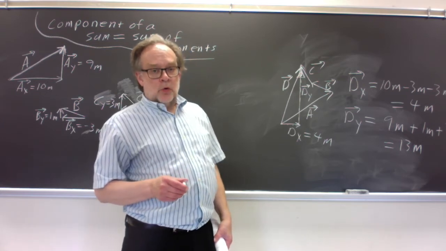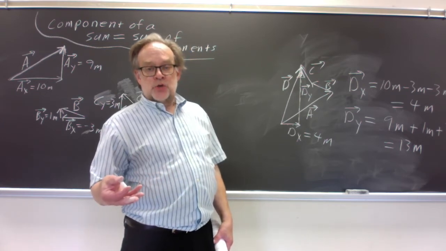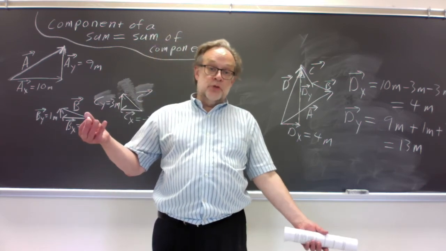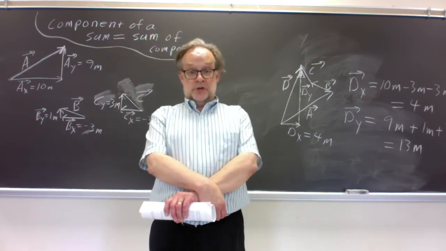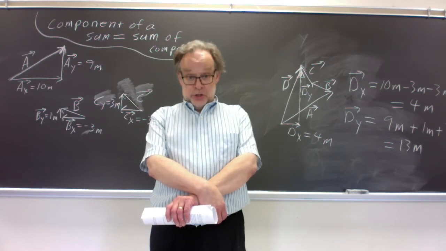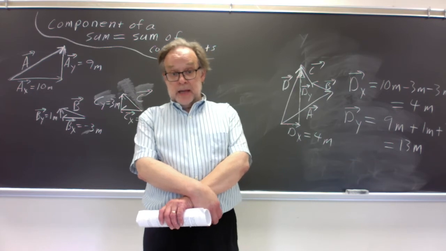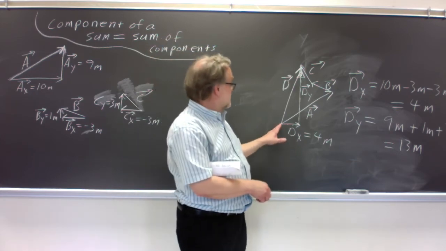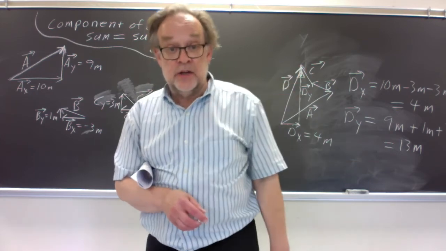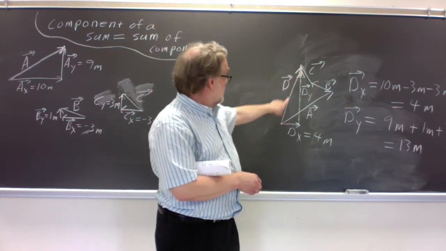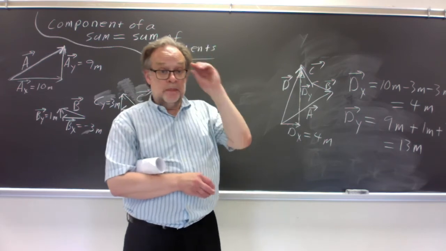Okay, well now we know the x and y components of that sum vector, so we can actually figure out two things about that sum vector. We can figure out the magnitude of that total displacement D. The magnitude of any displacement vector is just the distance between the start and the finish, and that of course corresponds to the length of this hypotenuse on this right triangle.